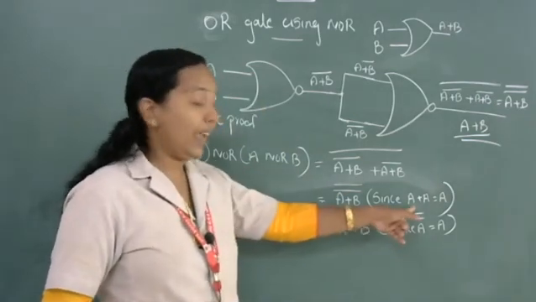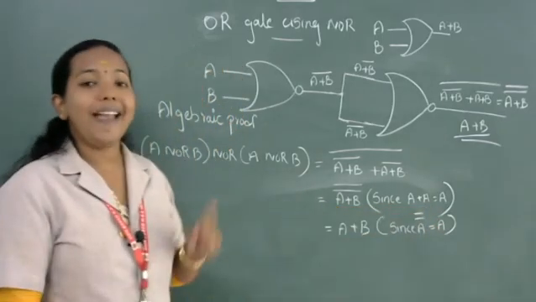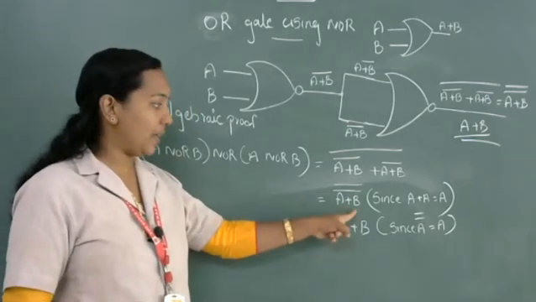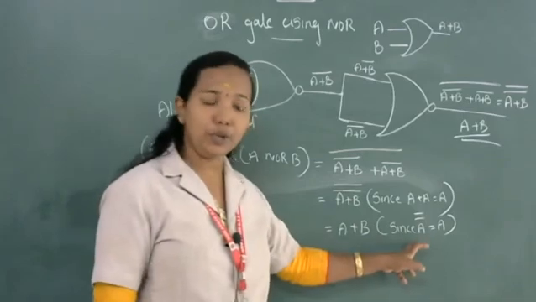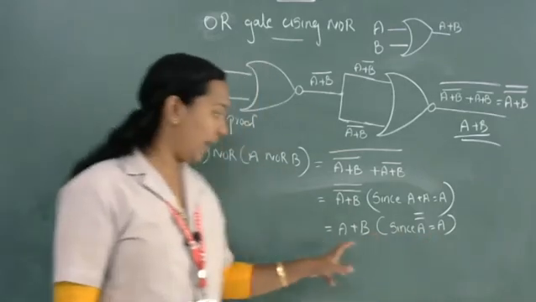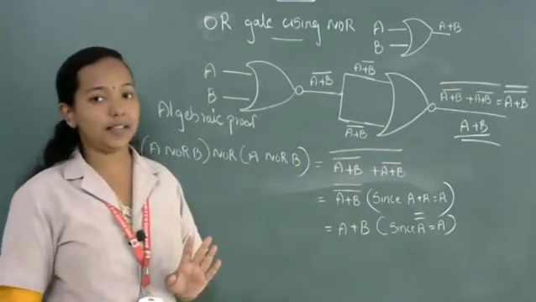Then, you know, A plus A is equal to A, according to the idempotence law, x plus x is equal to x itself. So (A + B) double complement. Then, according to the involution law, A double complement is equal to A, so (A + B) double complement is equal to A plus B itself.